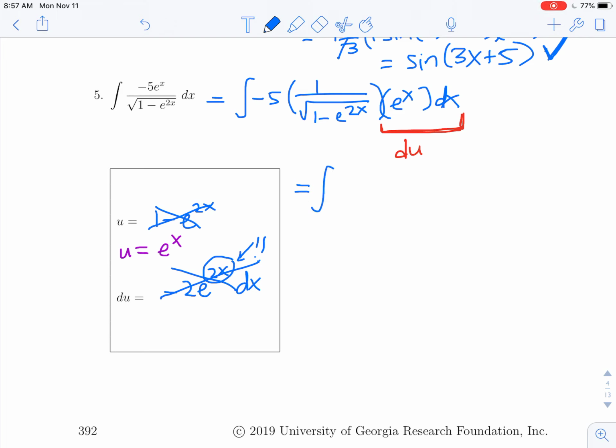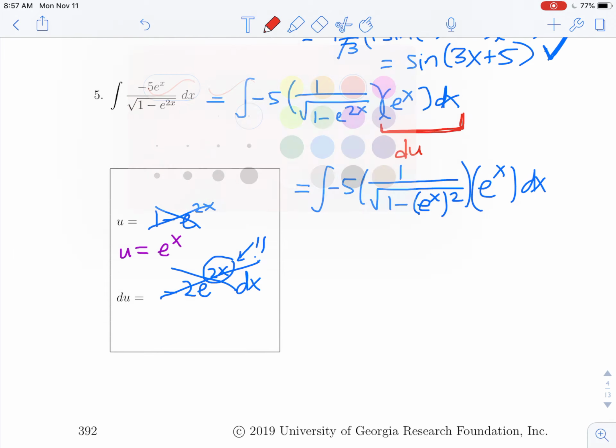So let's write this as the indefinite integral of negative 5, 1 over square root of 1 minus, here's the trick, e to the 2x is the same thing as e to the x quantity squared. And then we've got times e to the x dx. So we've already said that it looks like e to the x dx should be our du.